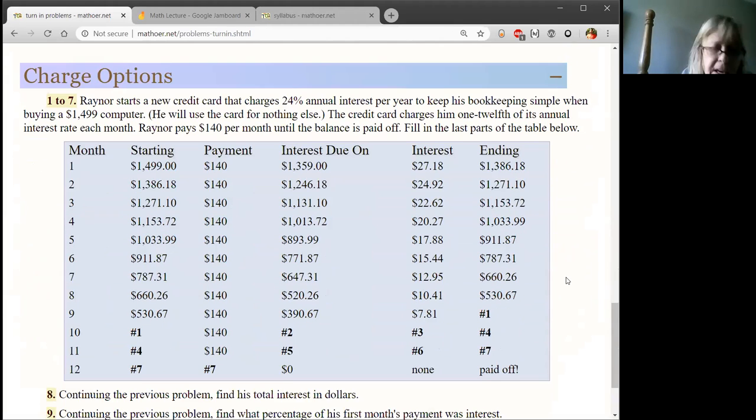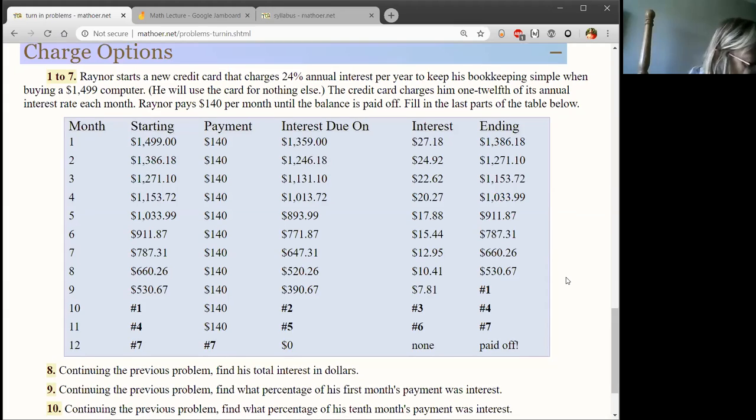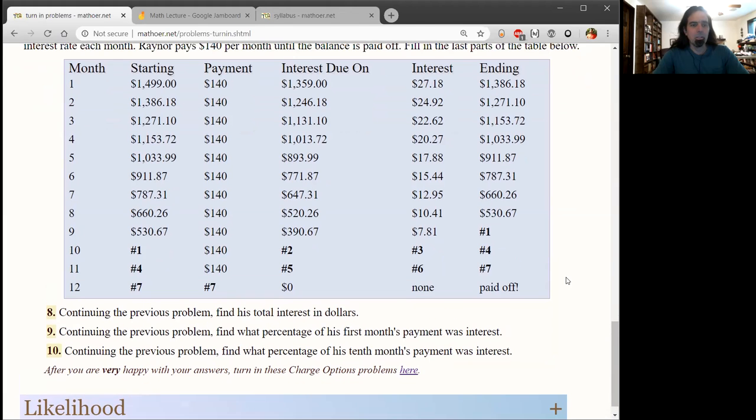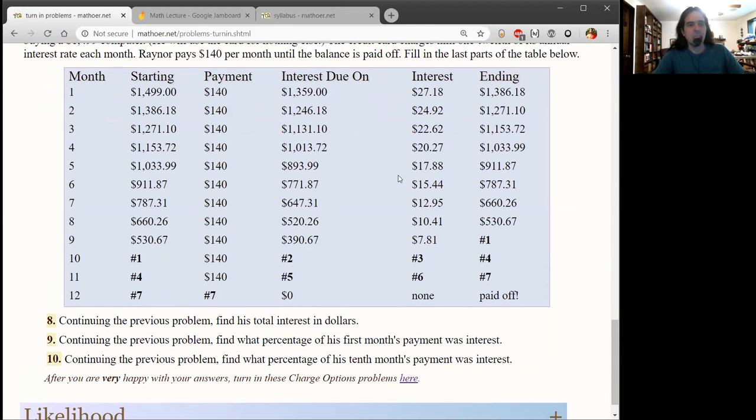Talk about number 9. What percentage of his first month's payment was interest? Okay.